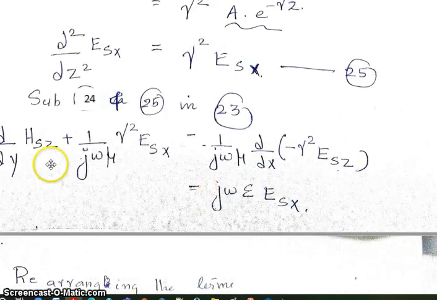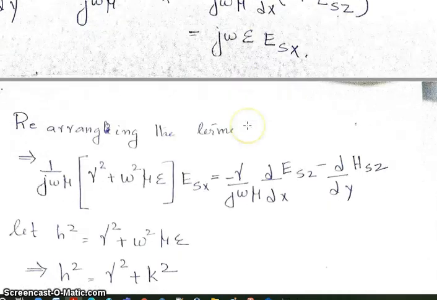So finally equation 23 appears like this: ∂/∂y Hsz + 1/(jωμ) gamma square Esx = −1/(jωμ) ∂/∂x (−gamma Esz) = jωε Esx. So I am simply substituting 24 and 25 in 23.